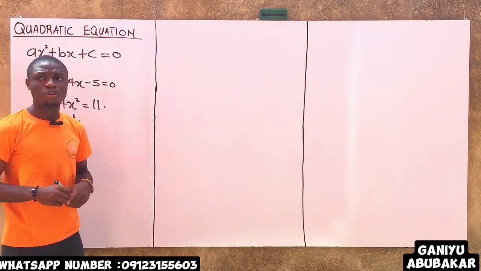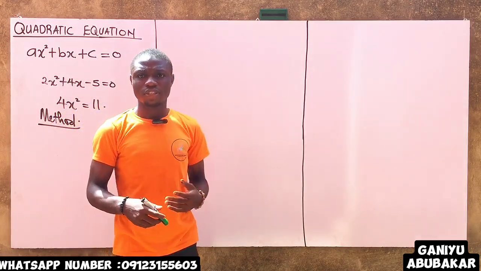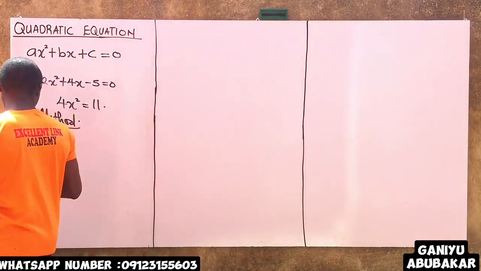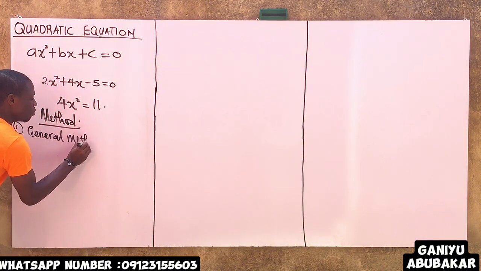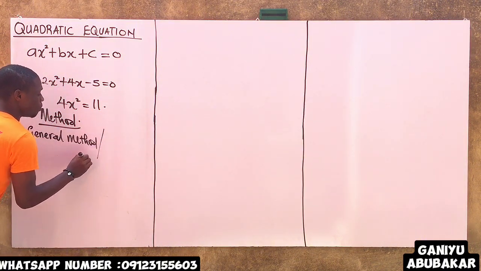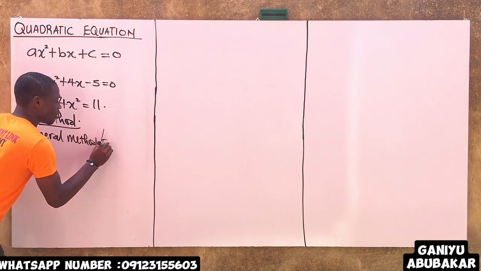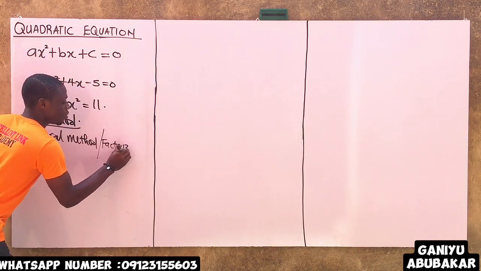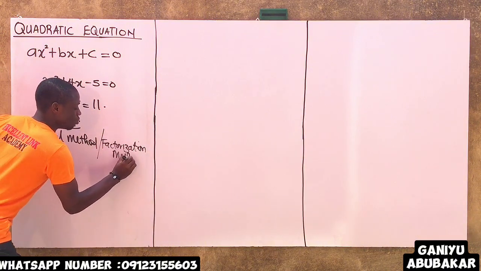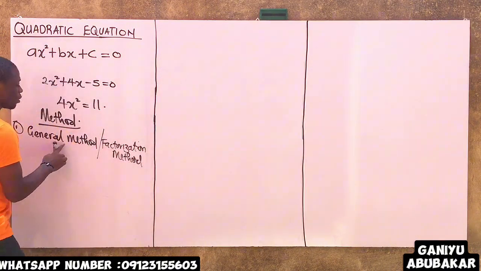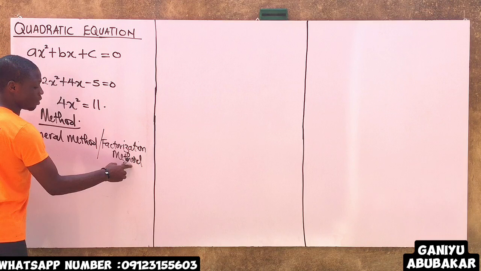Number one, we have the general method, or some people prefer to call it the factorization method. You can call it general method or factorization method.